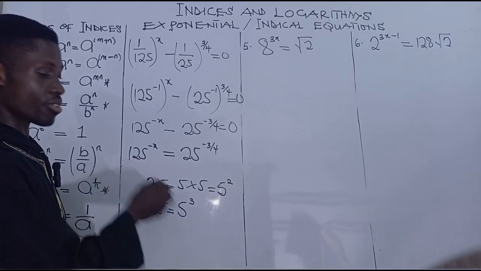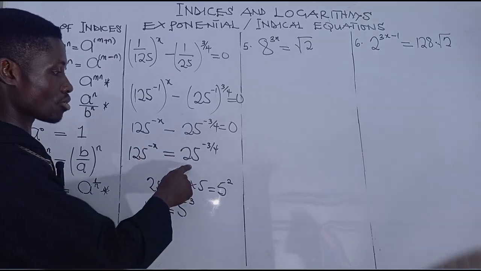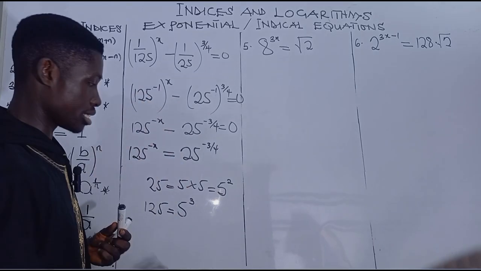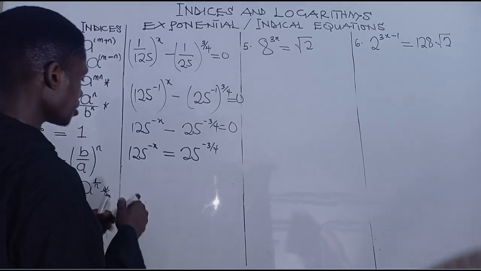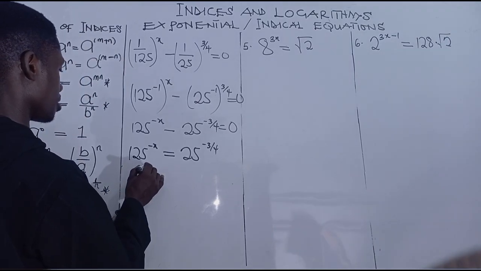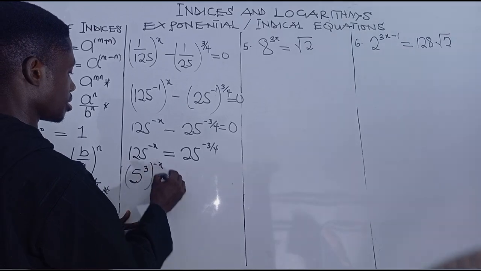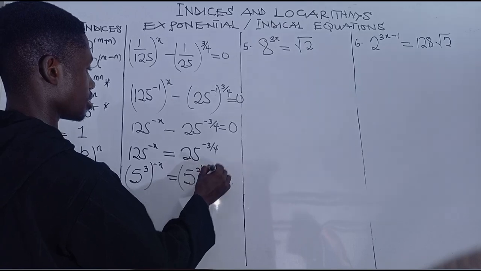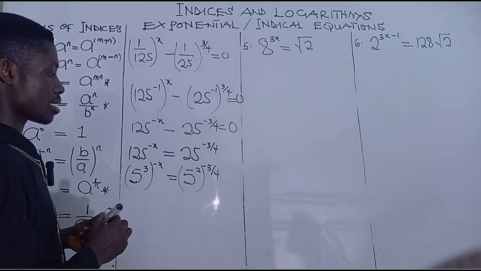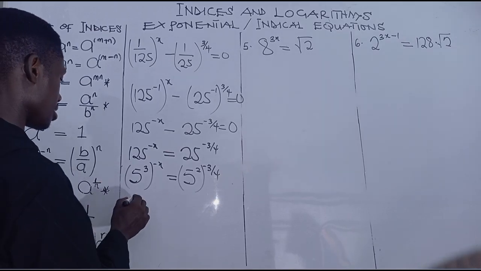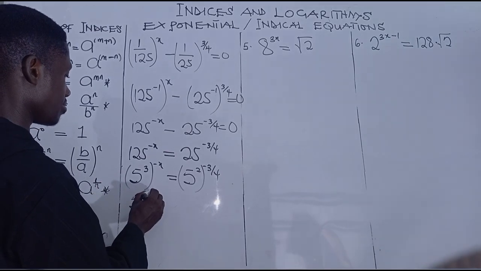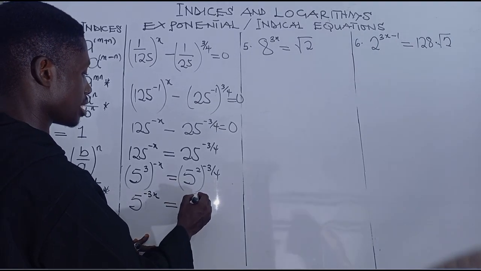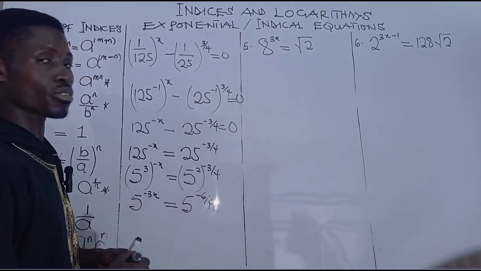So in place of 125, we are going to substitute this, and in place of 25, we are going to substitute this, so that the bases will be equal, and then we equate their exponents. Now applying the power law, we can write this as 5 raised to the power negative 3x, and we can also write this as 5 raised to the power negative 6 all over 4.